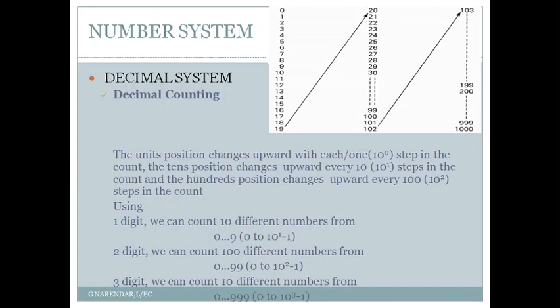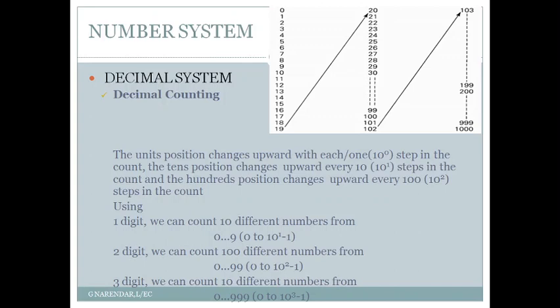And by using 2 digits, we can count 100 different numbers, that is from 0 to 99. So this I can write in a different way, 0 to 10 power 2 minus 1. Using 2 digits, 10 power 2 is 100, minus 1 is 99. Similarly, using 3 digits, I can count 1000 different numbers from 0 to 999.